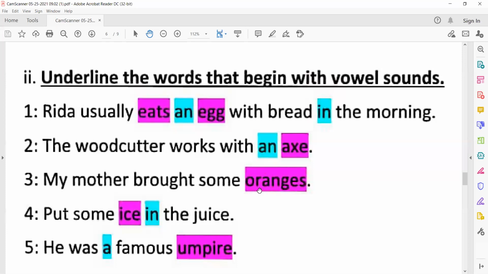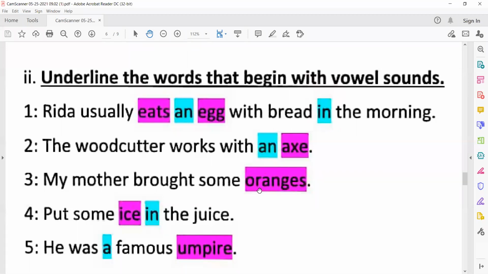Okay? Now look at the third one. My mother brought some oranges. Abdulaziz, you say no. Why?